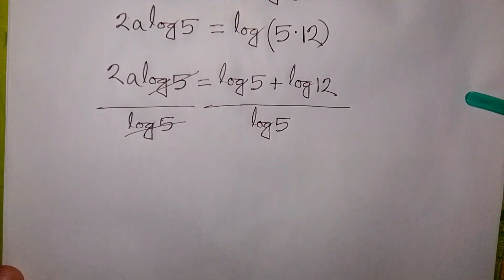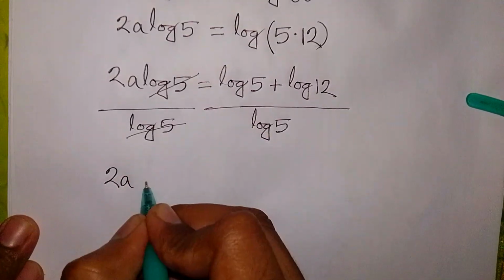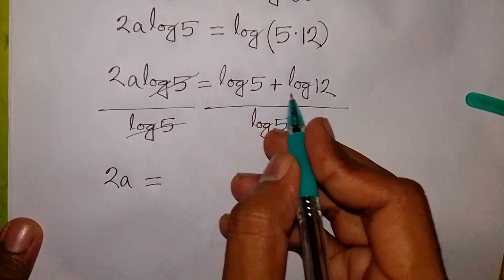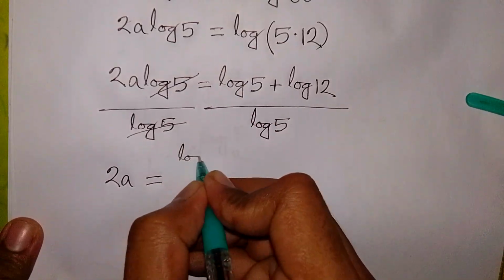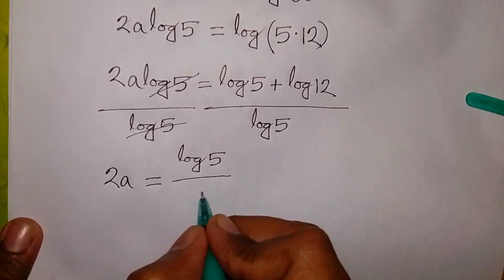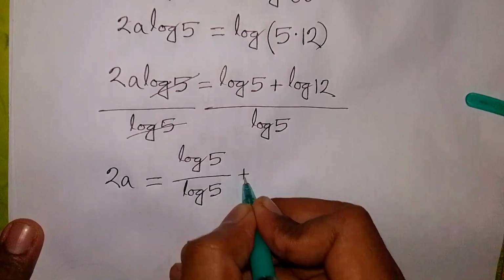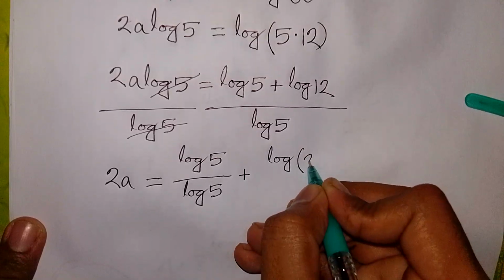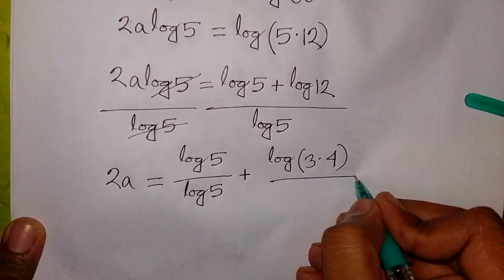So here 2a will be equal to this part over log 5 plus this part over log 5. So here log 5 over log 5 plus log 12, which is the same as log of 3 times 4, over log 5.